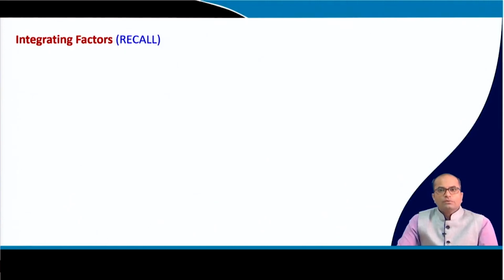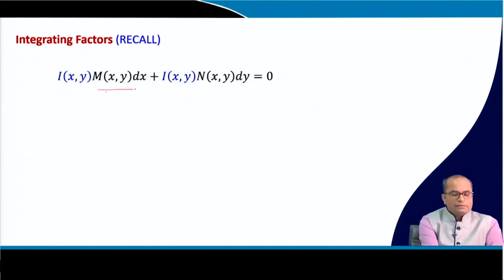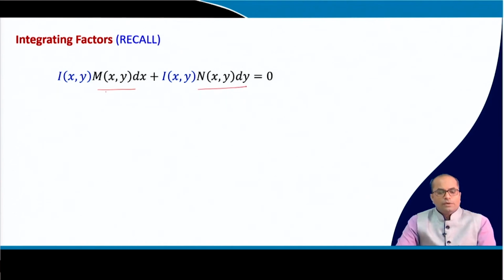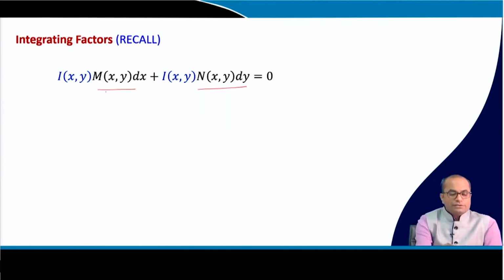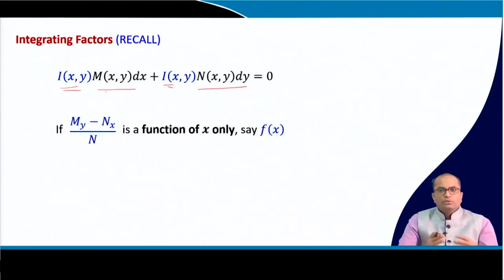So, just to recall the integrating factor which was discussed in the previous lecture. If we multiply an equation which is not exact by some function, and then the equation becomes exact, we call such a function I(x,y) the integrating factor. There were two formulas derived.